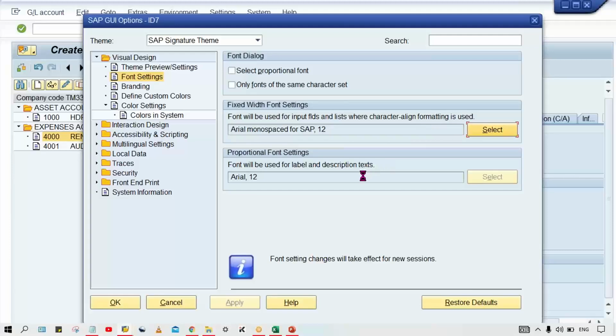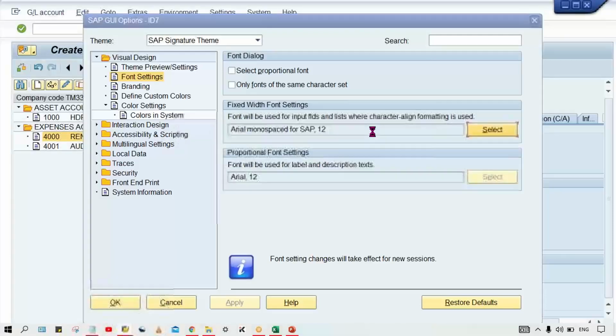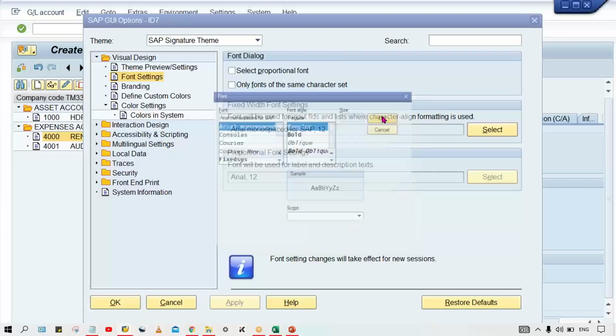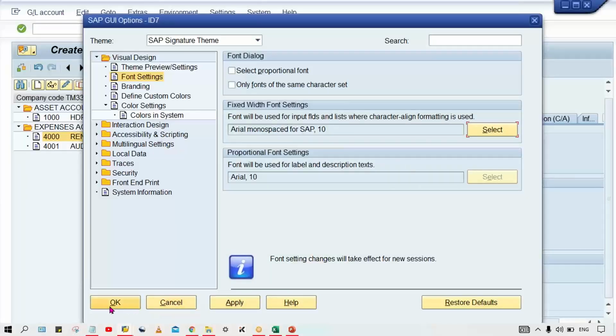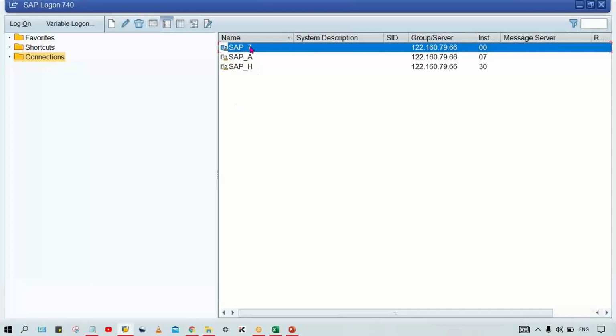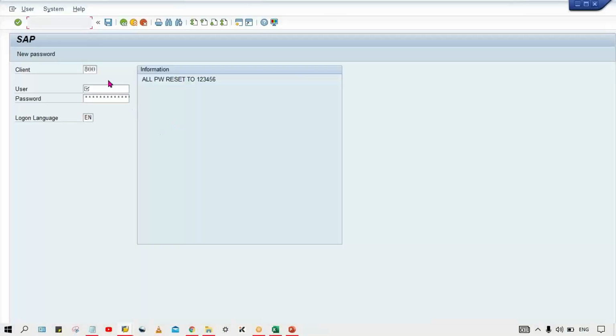Let me click on select. And here I'll keep 10. Okay. And we'll see that.